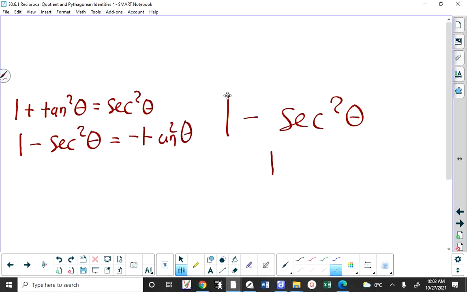And the answer to that question is definitely yes. In my mind, that is simpler, and you're less likely to make a mistake with negatives if you do it that way. So this is what it's equal to: negative tan squared.